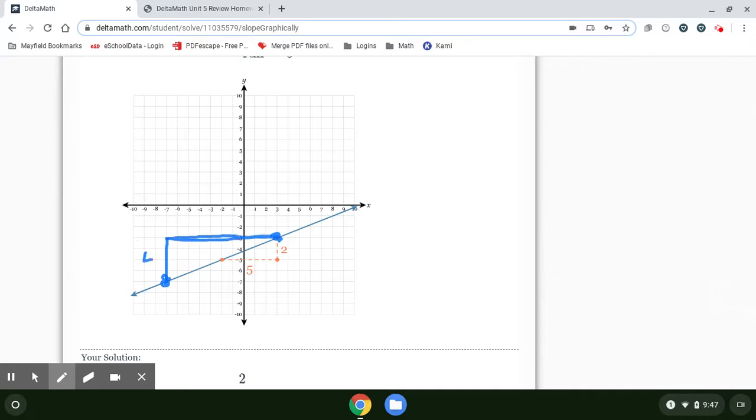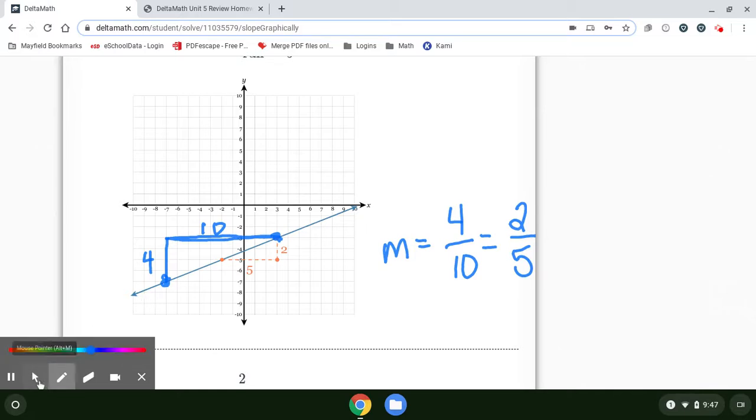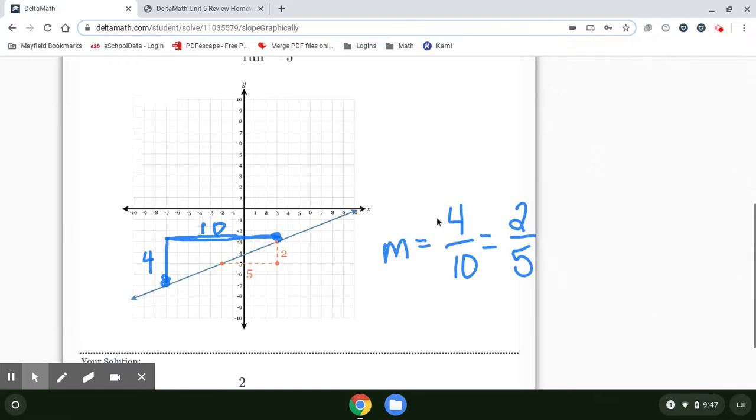I would end up going up 4 and right 10. So my slope would be 4 over 10. Well, I have to simplify that, so I divide by 2. I would still get 2 over 5. So whatever triangle you use, you're always going to get the same answer.